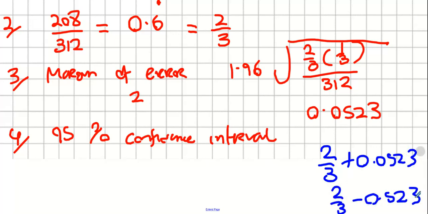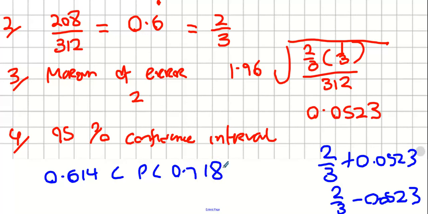Do you have both those numbers already? What did you get? 0.614, yeah. 0.718. Okay, lads, is 60% present in this interval?